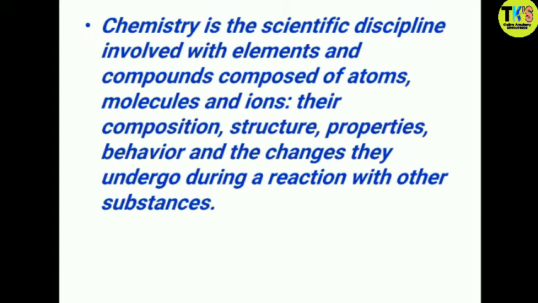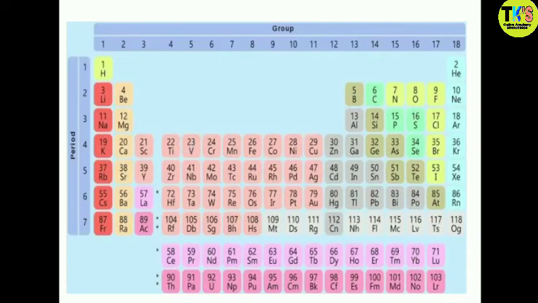Now, dear students, you have seen this. What is this? Obviously it is a periodic table. You have studied about it in your class 9. It is the layout of elements. It consists of about 118 elements and it has 18 groups, 7 periods.